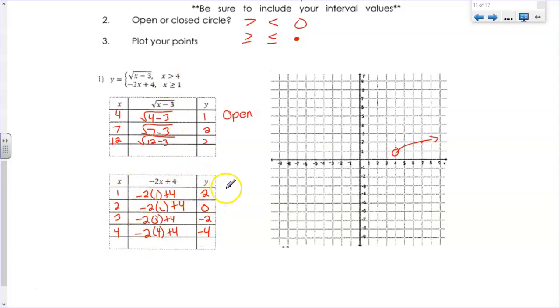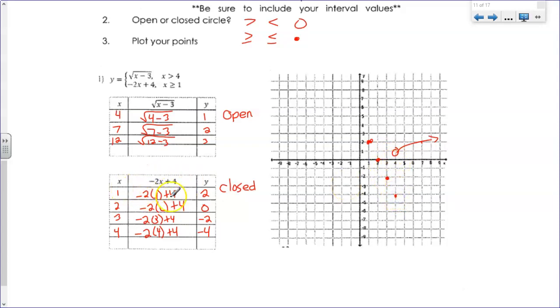But let's look. So this is going to be a closed circle because it is equal at the 1. So we're going to go to 1, 2. And then we're going to do 2, 0. And then 3, negative 2. And then 4, negative 4.